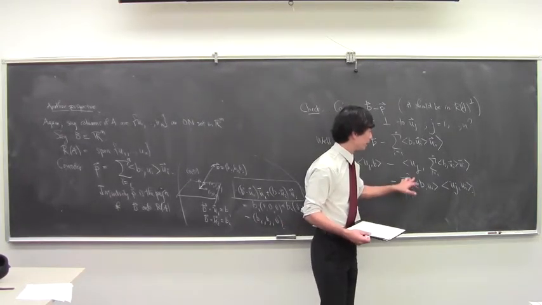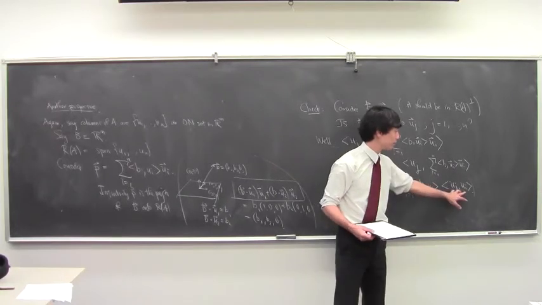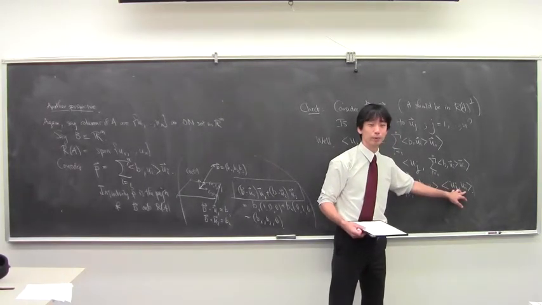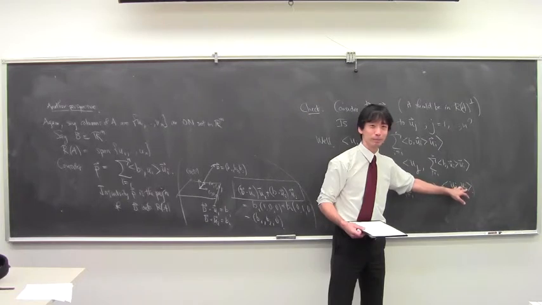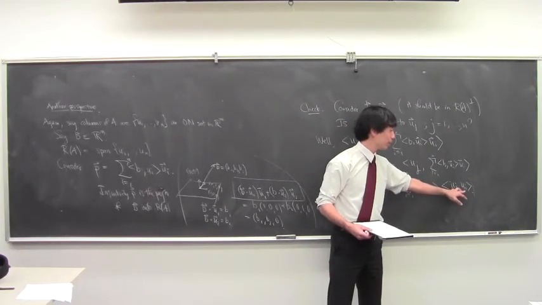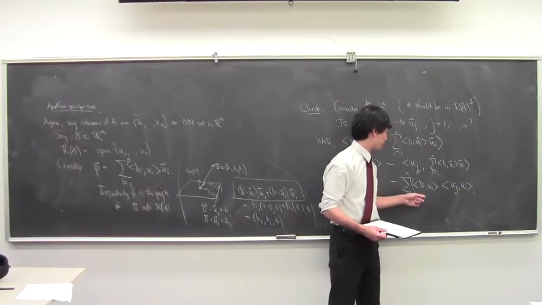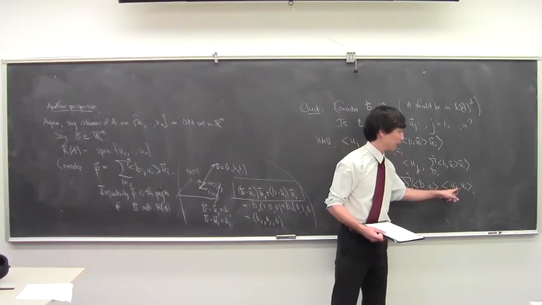Well, as I goes from 1 to n, what happens? What am I going to get here? For the most part, ui dot against uj, these are 0. For the most part, it's 0, except when I equals j.